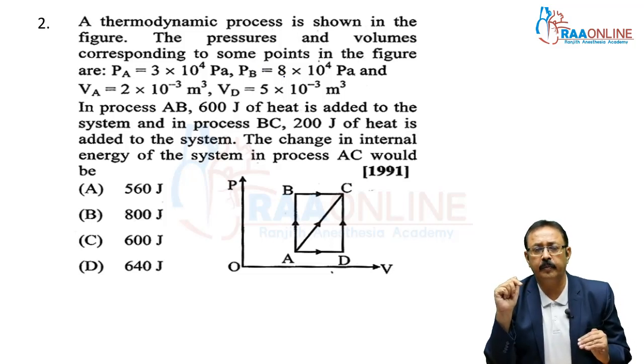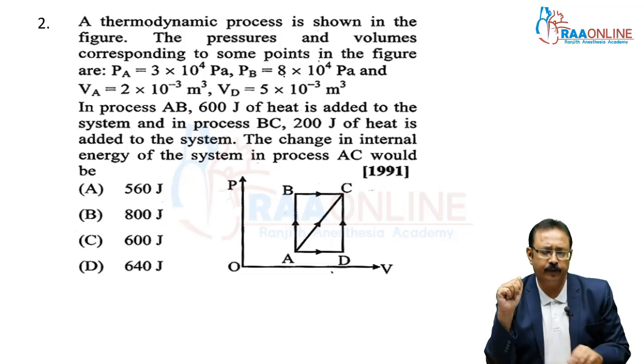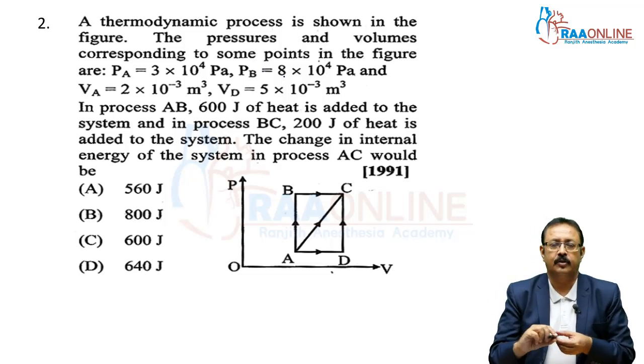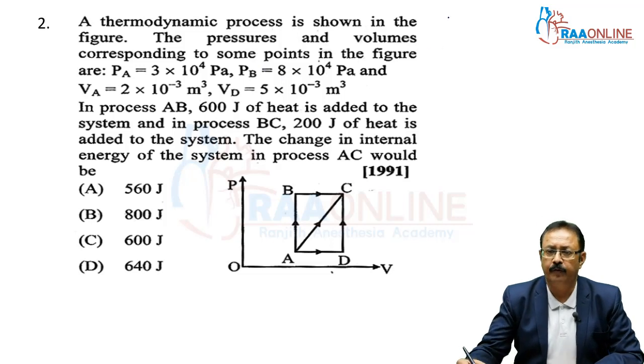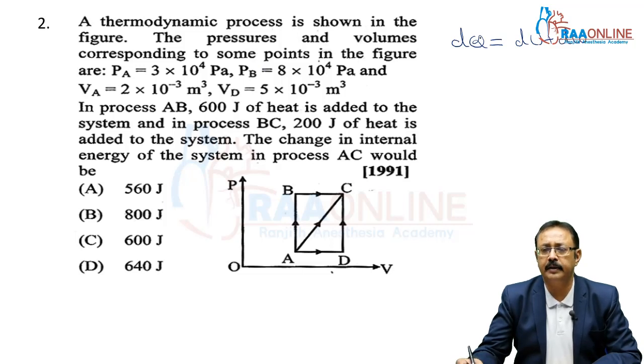We can move from A to D, or from D to C. Change in energy should be equal in both cases. So we will apply the first law of thermodynamics, dq is equal to du plus dw. From whichever path they gave us dq, we will check that.